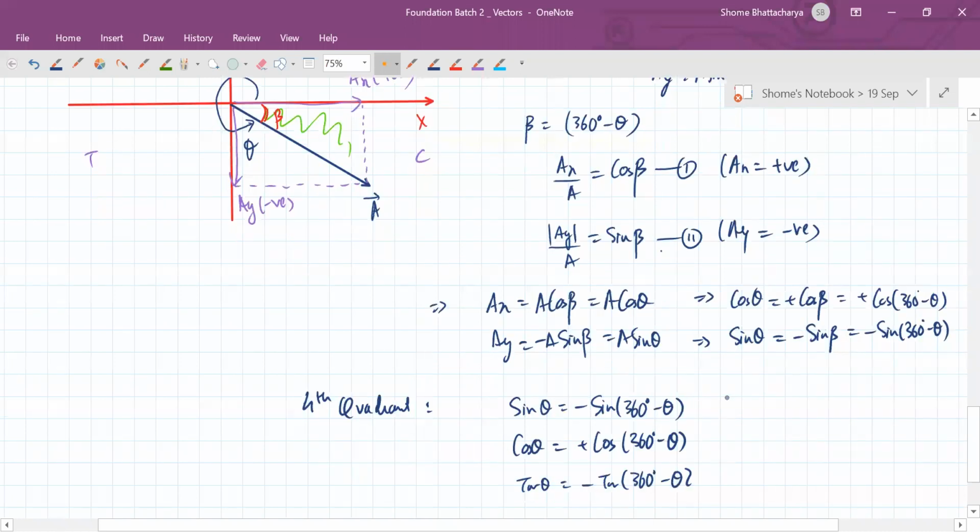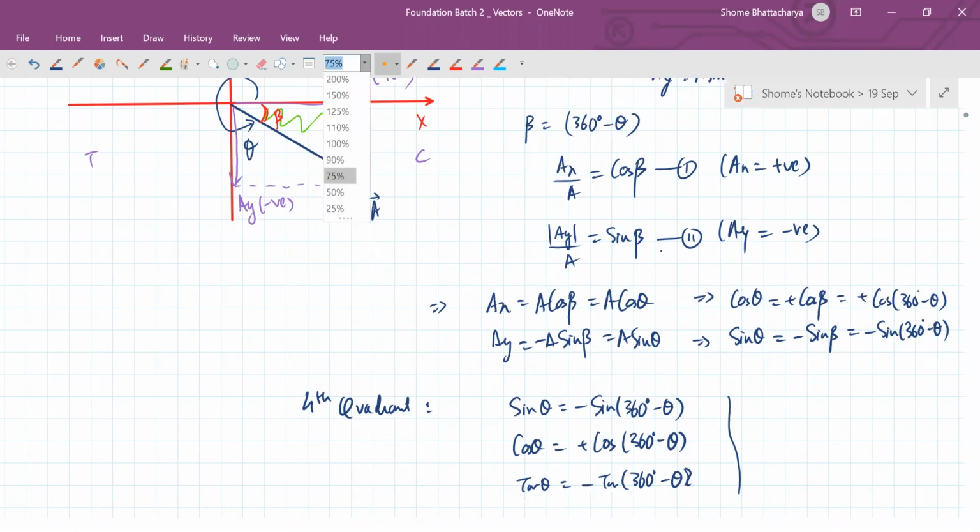So these three become our formulas for the fourth quadrant.